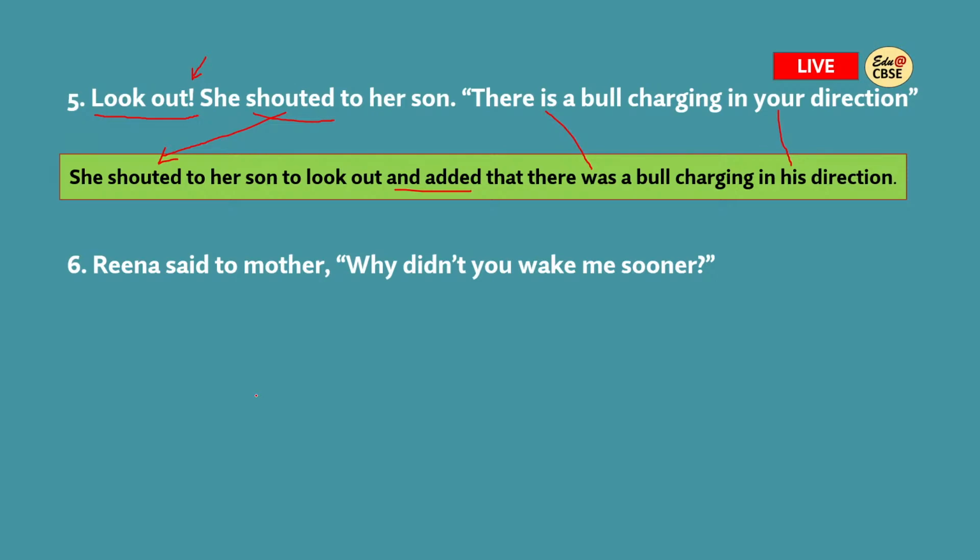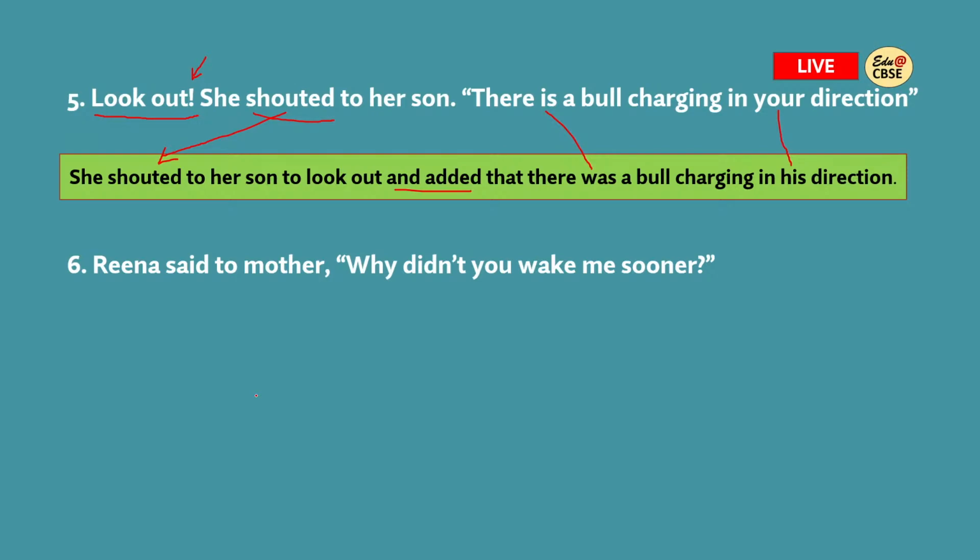So it's better that you use any out of these two. Okay, Arihant is writing, Reena asked her mother, why didn't she wake her sooner? Reena asked mother why she didn't wake her sooner.